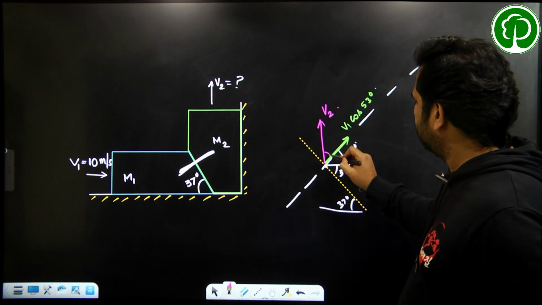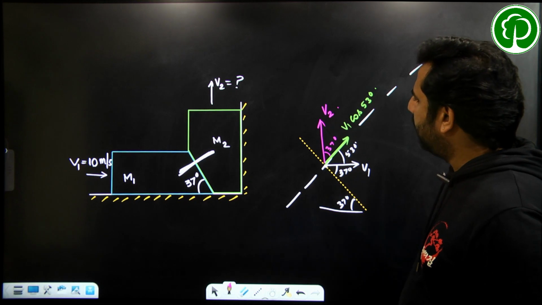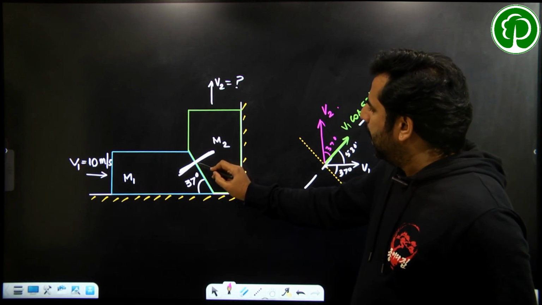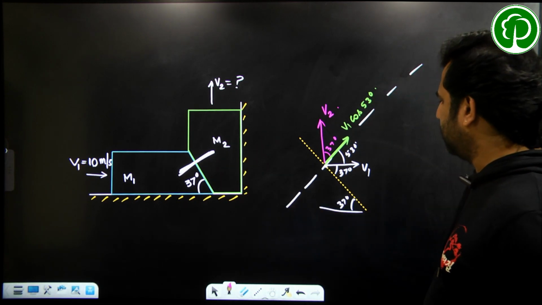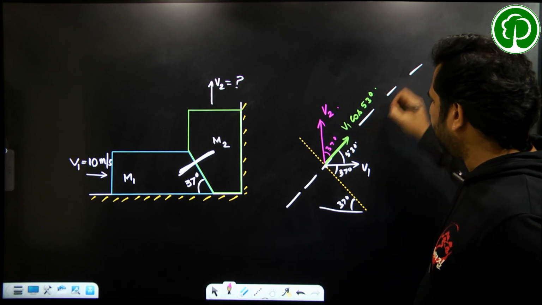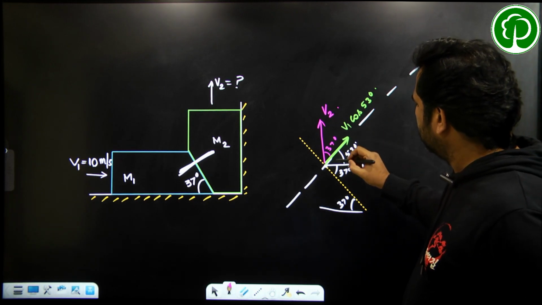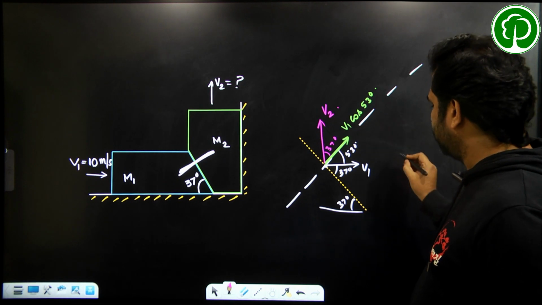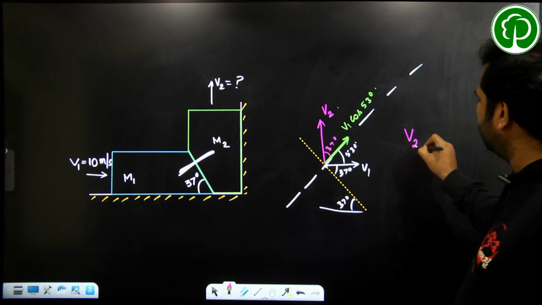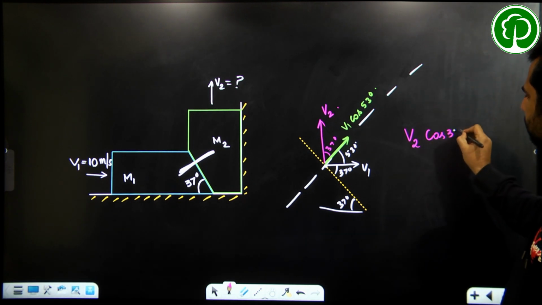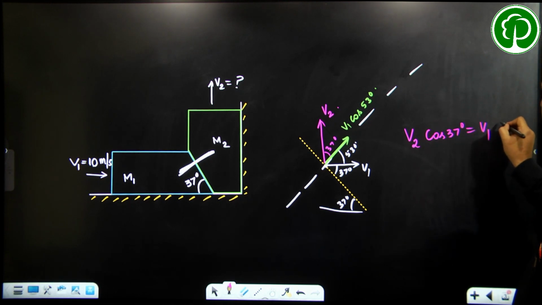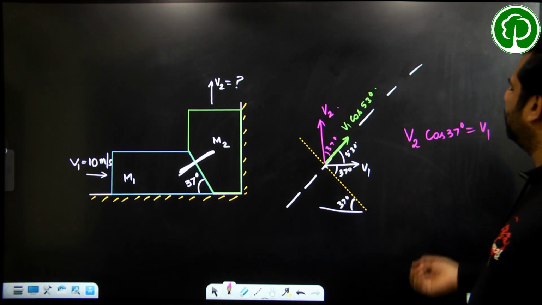Now 53, so this would be angle 37. So the component of V2 along the normal to the surfaces in contact, along this white dashed line, is nothing but V2 cos 37. So the equation is simple.